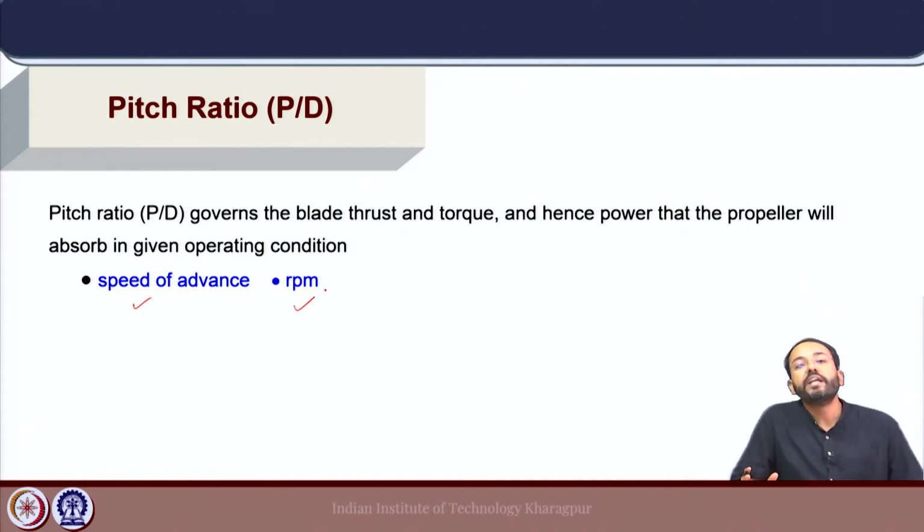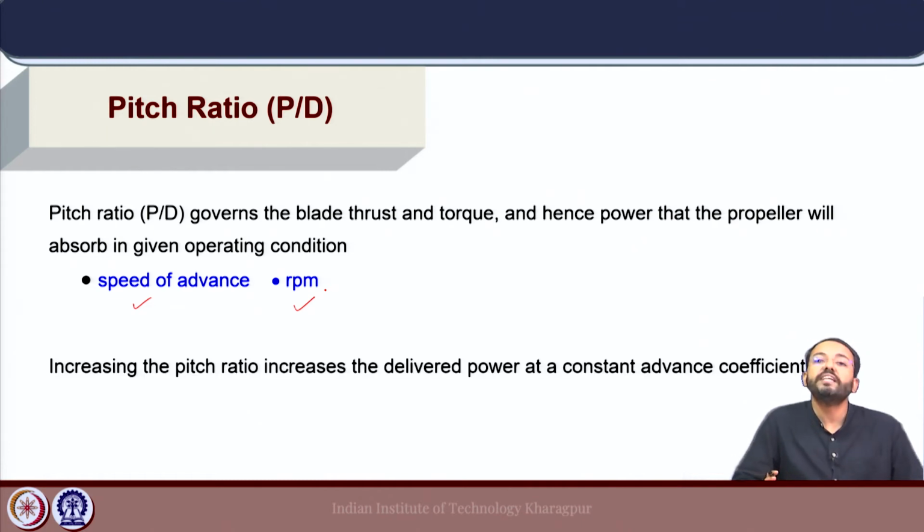That means the propeller will absorb more power for the given operating condition. And we have seen that in engine propeller matching, the power absorption characteristics of the propeller needs to be matched with respect to the engine, and hence the choice of pitch ratio is very important in propeller design.